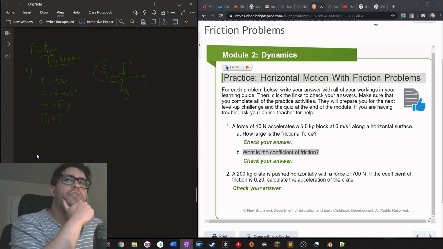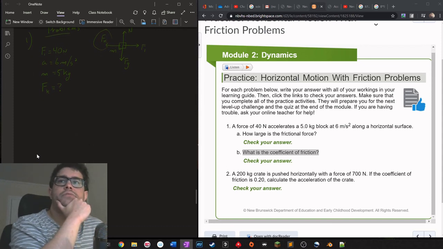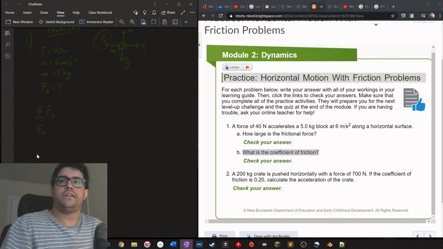We have to make a set of equations using these things. You should always start the same way. Sum of force in X, or F net, is basically F net, but this is the X version of F net. And we're also going to find the sum of the force in Y, which is also the F net, but the Y part. So let's sum the force, because you can't add this force to this force.